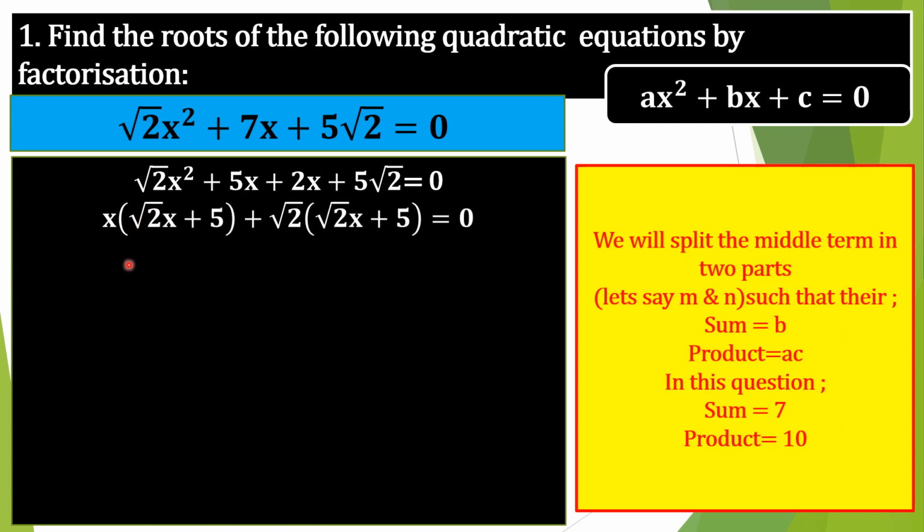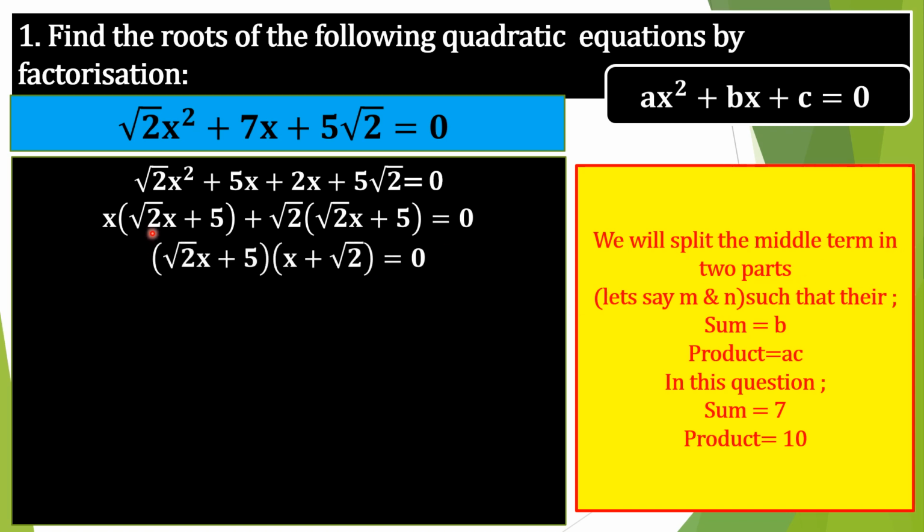First two terms, x is common. We are left with under root 2x plus 5, plus. Now see, under root 2x plus 5 should be here. So write it before taking common, or if you can take common, under 2 is common. We are left with under 2x plus, under 2 is outside, so 5, right?